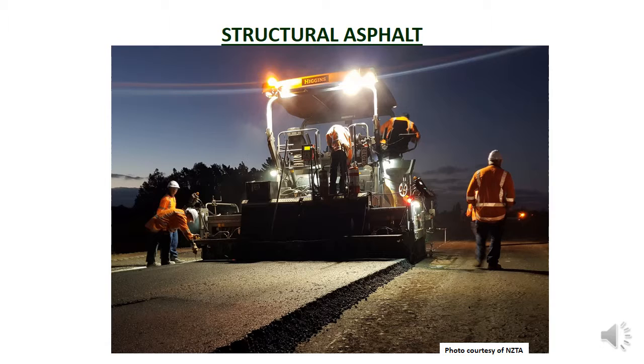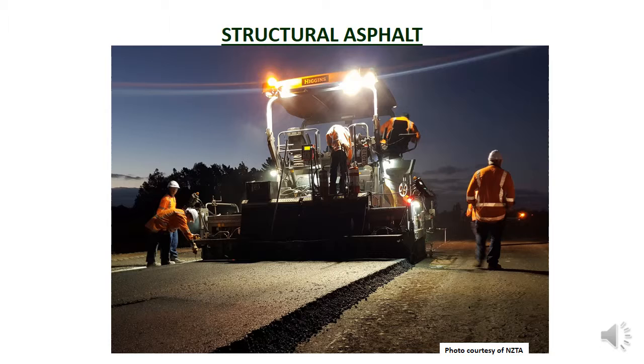There are two other variations on rigid pavement that should be mentioned in this video. The first is structural asphalt. As we have seen, asphaltic concrete laid in layers up to 50mm is a common surfacing. At this thickness, the structural support provided by the asphaltic concrete is not considered significant.